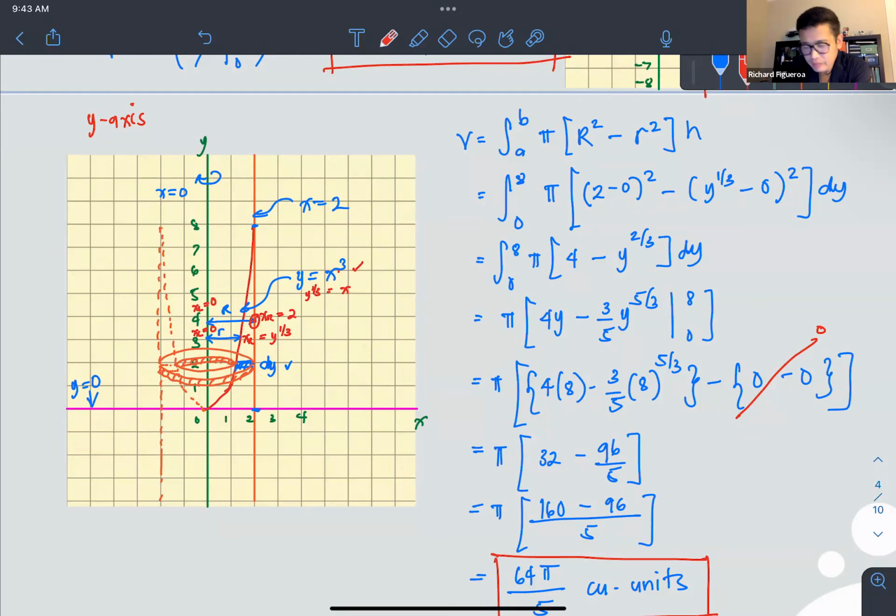So at first, you probably won't understand it. But since this is a recording, you can see the video again, and once you are already familiar with the method, there are available examples in our module which you can try. So you can really grasp the process on how to do this.